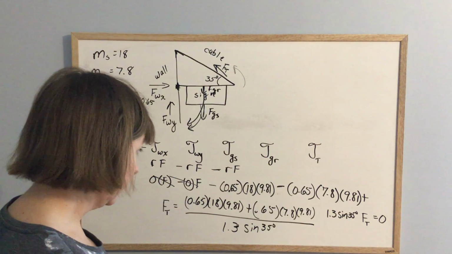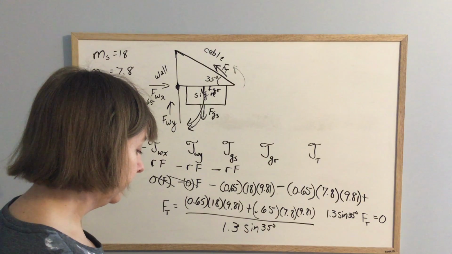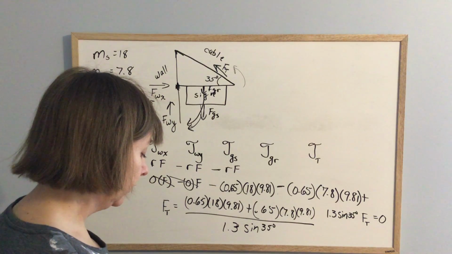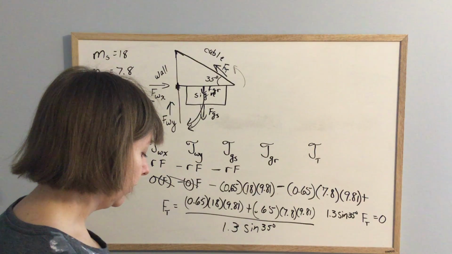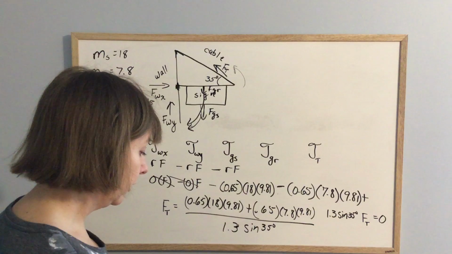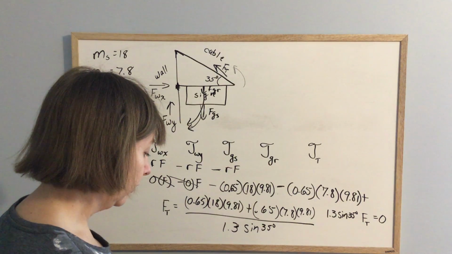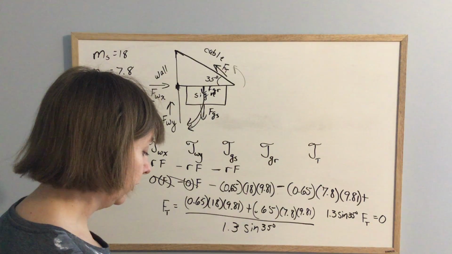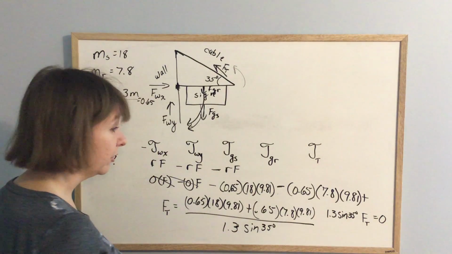0.65 times 18 times 9.81 plus 0.65 times 7.8 times 9.81 divided by 1.3 times sine of 35. Yeah, this time I get a different answer. So I must have put a number in wrong.